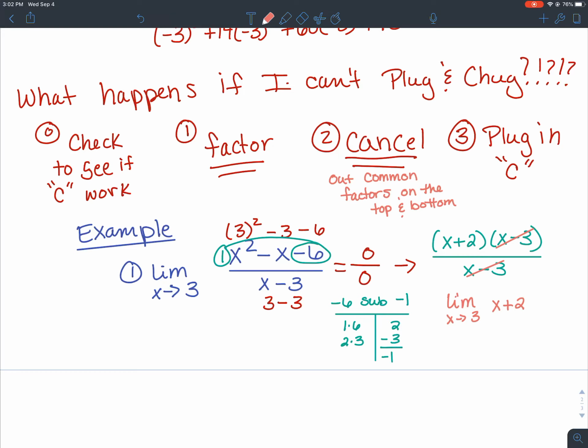So if I plug in 3, I get 3 plus 2, which equals 5. So the limit of this blue problem, the original problem, is 5. Now, you could have also done it in your calculator, but if I say show work, and you say I did it in my calculator, you're not going to get full credit at all. Period, point blank. Okay? Cool.